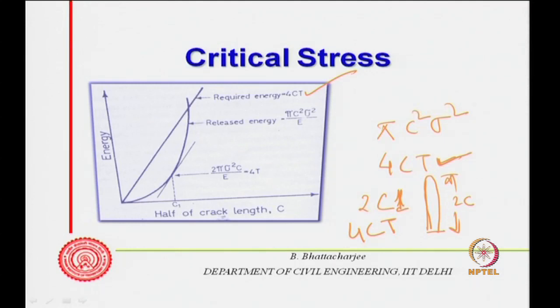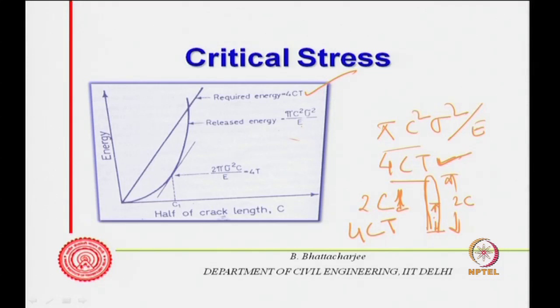Now, required surface energy: 2c is the full length, and c is the half crack length. So, 4 c t is the surface energy, and correspondingly from the stress concentration concept, from theory of elasticity, one can find pi c square sigma square by E as the released energy.